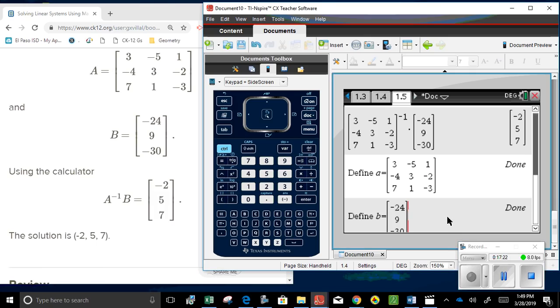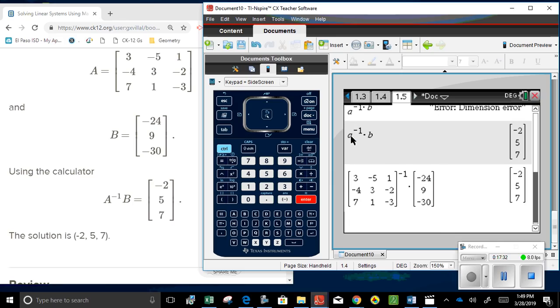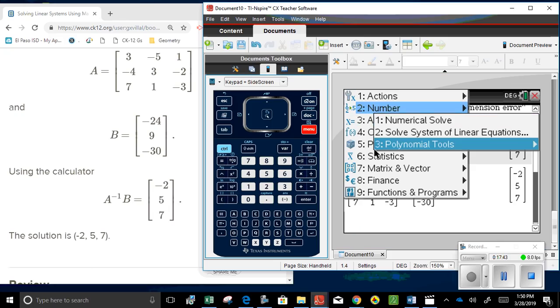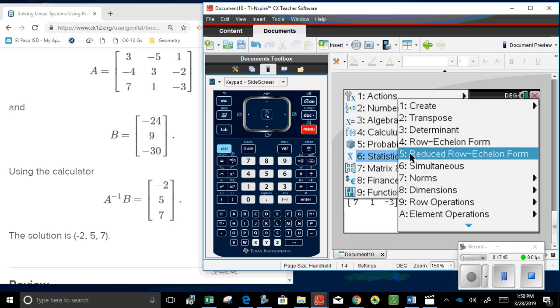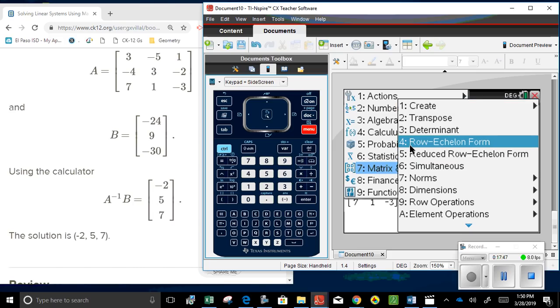You might have noticed I just deleted the last thing I did because I want to take one more minute to do this again. So what I'm going to do is copy this whole thing, and I'm going to reinterpret it. I'm going to do REF, or I can do menu, then matrices, matrix and vector, and reduce row echelon form is right here.